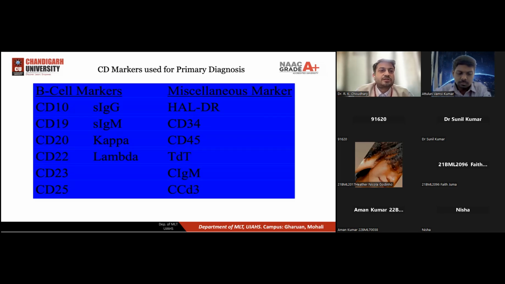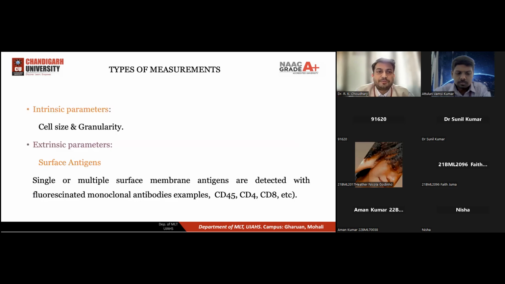B cell markers are CD10 to 25, or the surface IgG, IgM, kappa, lambda. Miscellaneous markers like HLA-DR, DQ, CD34, CD45 for the stem cell, TdT, cytoplasmic IgM, and complement C3. So these are the markers we identify through immunophenotyping.